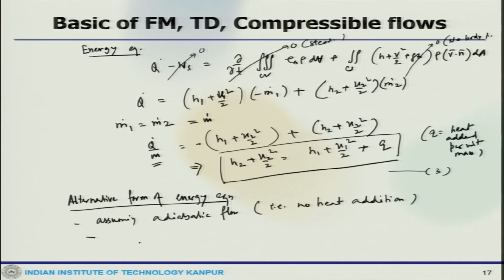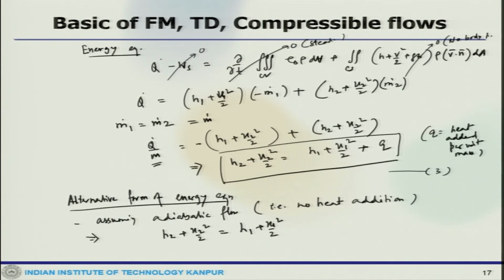What we get is h 2 plus u 2 square by 2 equals h 1 plus u 1 square by 2, because there is no heat addition.